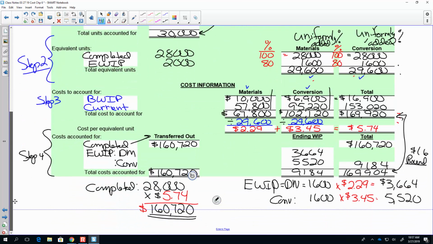Transferred out. That's what we moved to the next department. So that's where those numbers are coming from. And your worksheets will have to do the same. Your second worksheet will pull in that number through a cell reference, right?